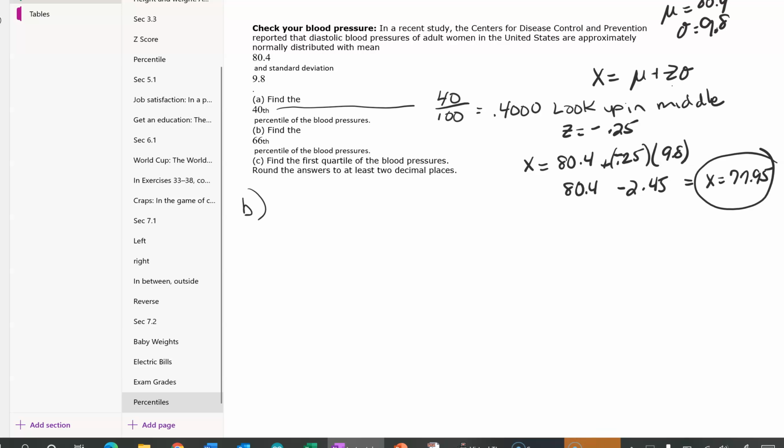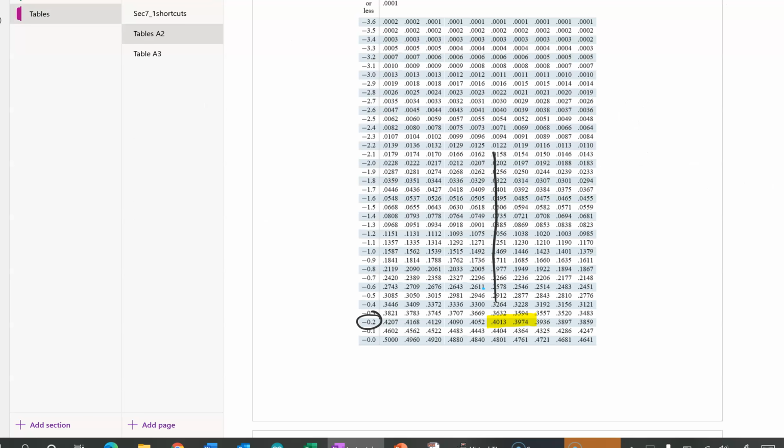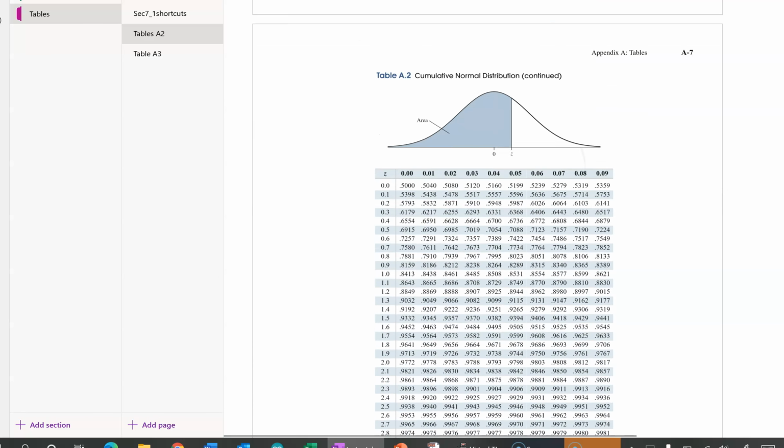B, 66th percentile, so I do 66 over 100, which is 0.6600. I want to look that up in the table. So I'm looking at 0.6600, so it's going to be on this side.